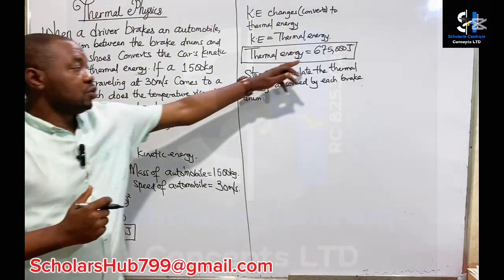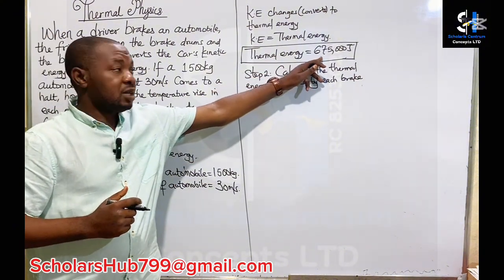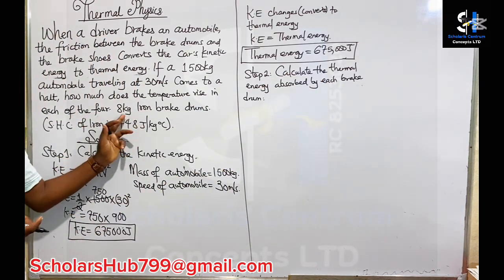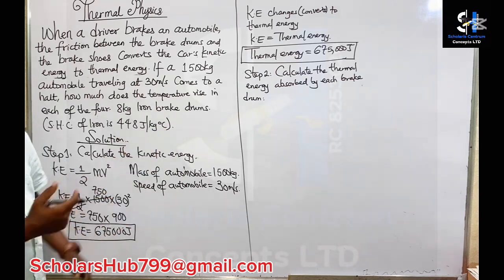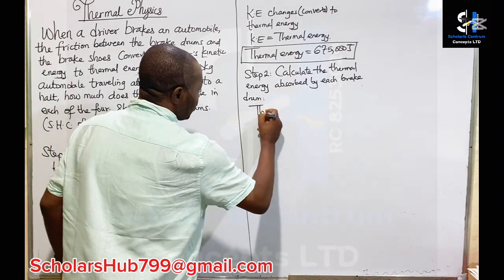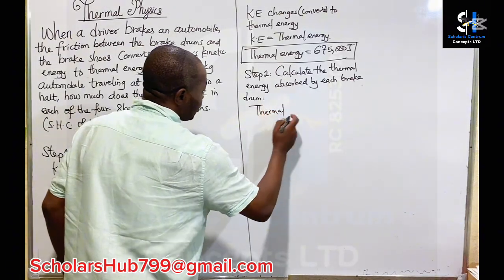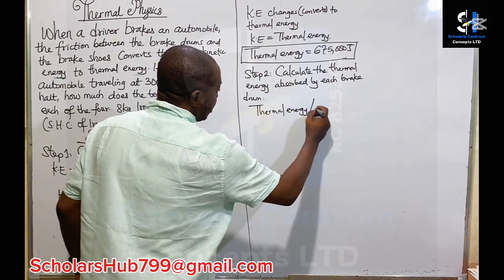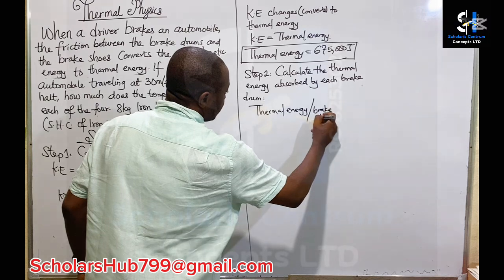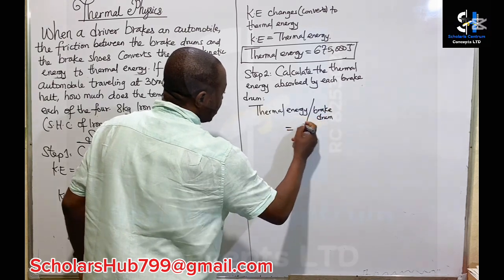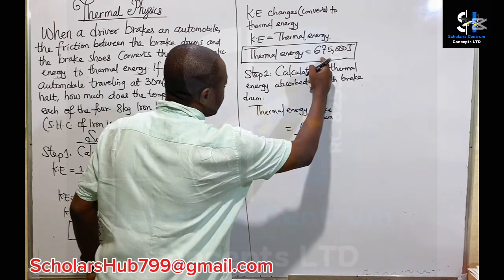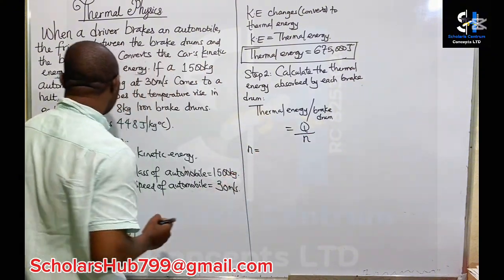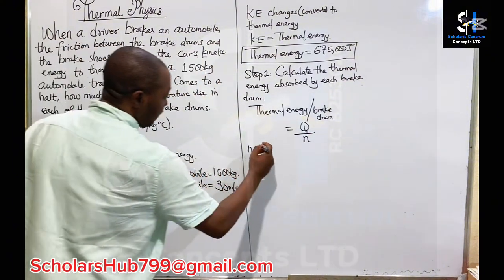divided by 4, because we have four 8 kilogram iron brake drums. So we want to calculate the thermal energy per brake drum, which will be Q over N, where N is the number of brake drums, which is 4.